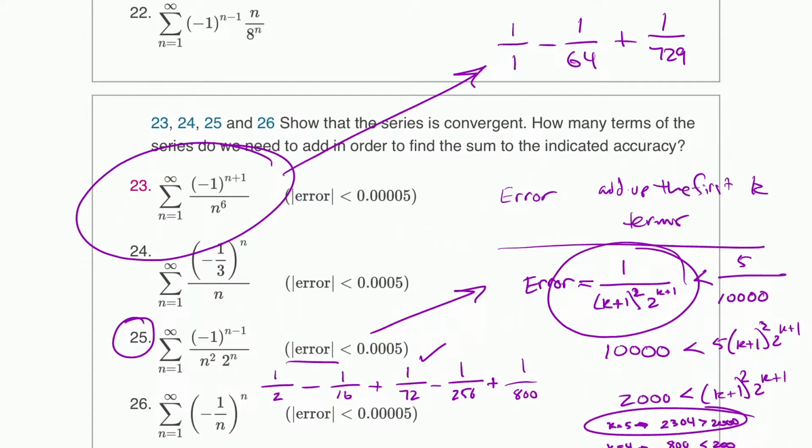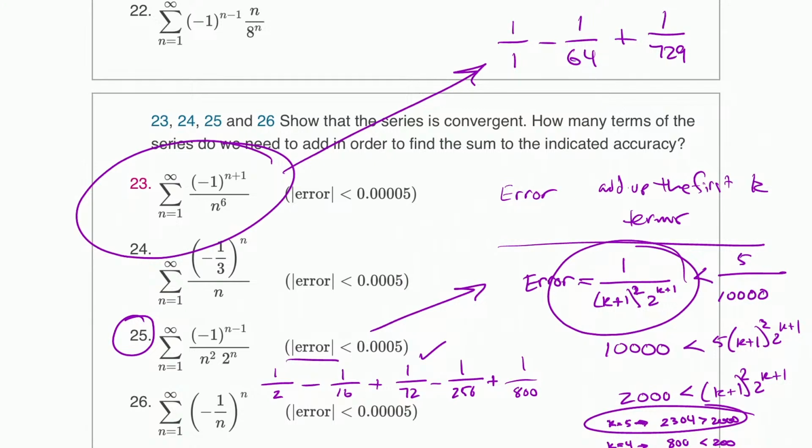Then the error is going to be the next term, which is what you get when you plug in n plus 1, n equals 3 here. So if n equals 3, then n plus 1 equals 4. So the error would be 1 over 4 to the 6th, and 4 to the 6th is 4,096.